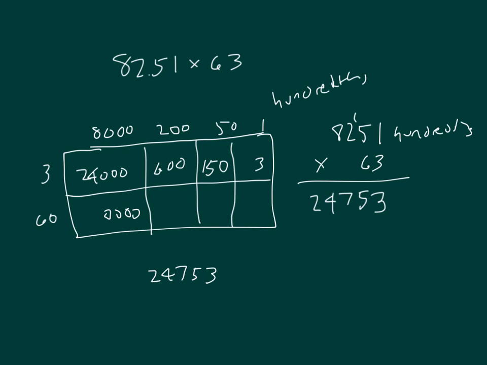Continuing in my area model, 60 times 8,000. Place some zeros, and 6 times 8 is 48. 480,000. 200 times 60, 12,000. 60 times 50, 3,000. 60 times 1 is 60.